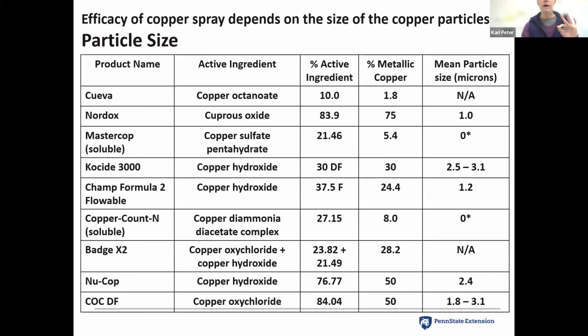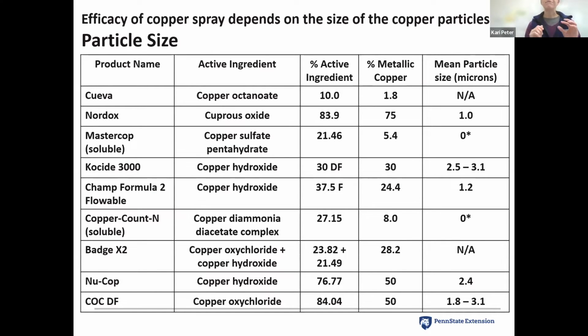Going back to the slide that I had before, I added the particle size to it. Some of them I couldn't find the particle size for, but I'm assuming it's pretty small. For instance, for Quava, I couldn't find the size, but I know that it is fairly small. Something like Nordox is 1 micron in size. Master Cop and Copper Count N are not particles because they're soluble; you're just spraying the ions.